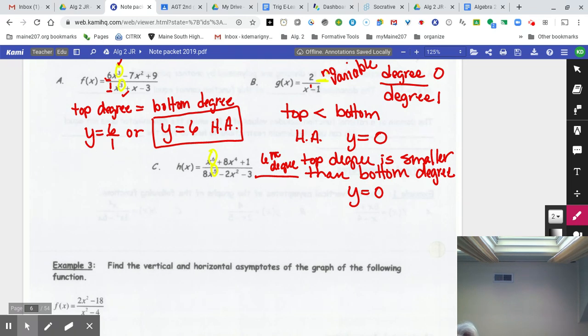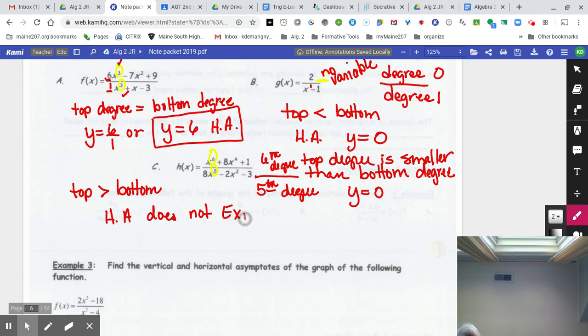If the top is bigger than the bottom, then this is wonderful because my horizontal asymptote does not exist. And remember what we said about that? It was a DNE. Does not exist. There isn't one. Yay.